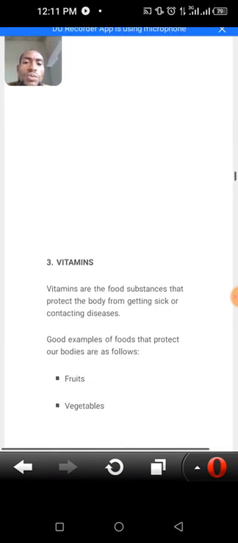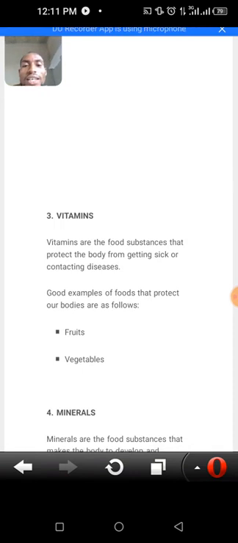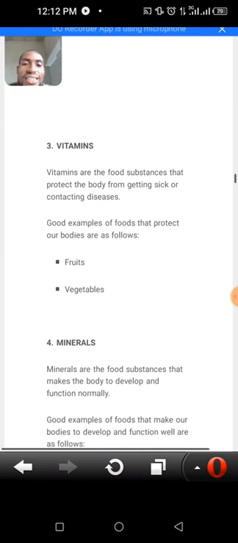So let's move to vitamins. Vitamins, they are food substances that protect the body from getting what? Sickness. When we are taking a lot of vitamins, then we are not going to what? Fall sick every time. Or contract what? Diseases. Right? So, examples of such food are fruit. It is good to take what?